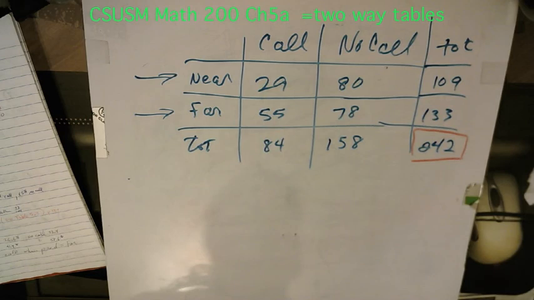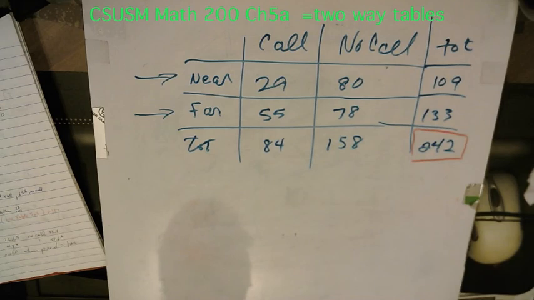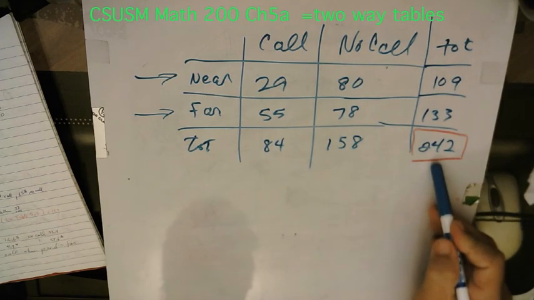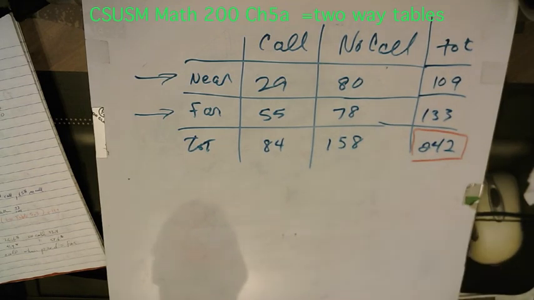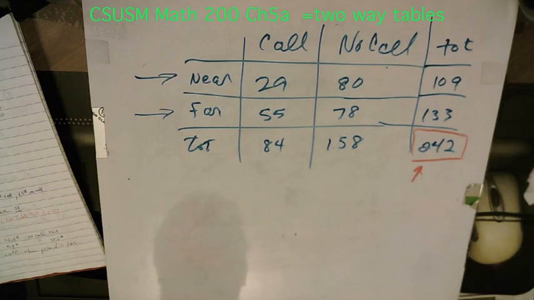Well, the first thing we do is we add up all of our rows and all of our columns to get our marginal amounts, and we end up with a grand total of 242 data points within our table. So the first question was, how many prairie dogs did we count? And that is a total of 242.